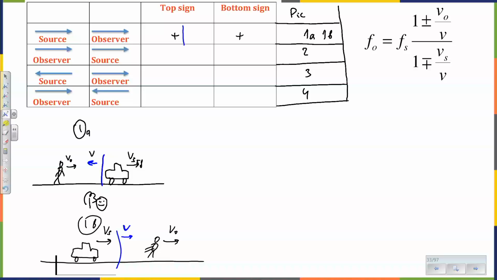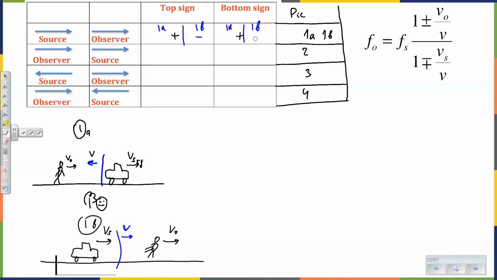So now let's do it, 1A, 1A, 1B, 1B, and now the source kind of squeezes the wavefronts, the wavelength shrinks, frequency should go up. So for the denominator, we should decrease it, we should choose a minus.